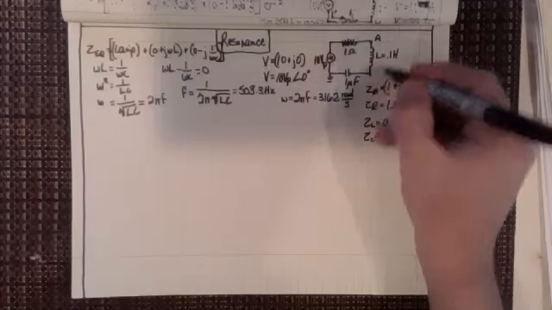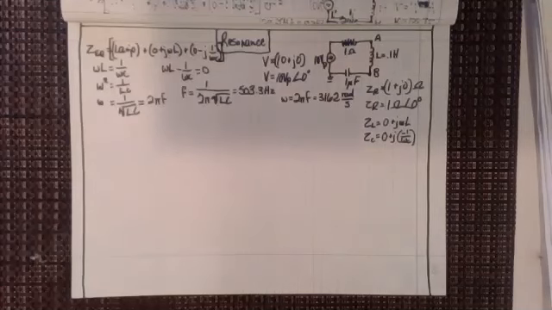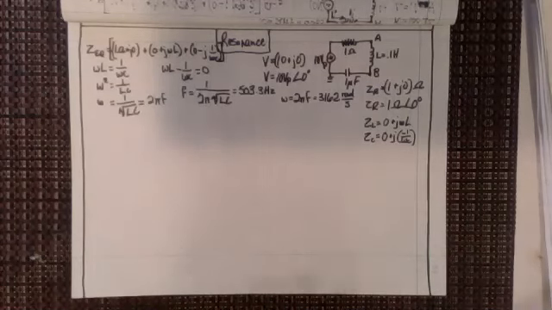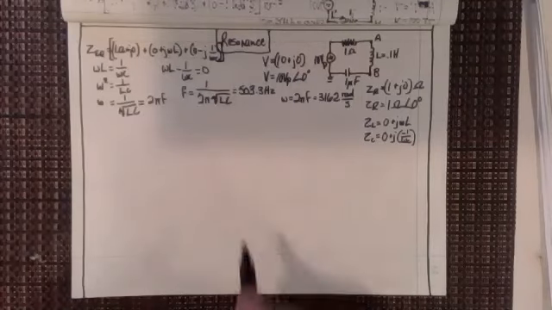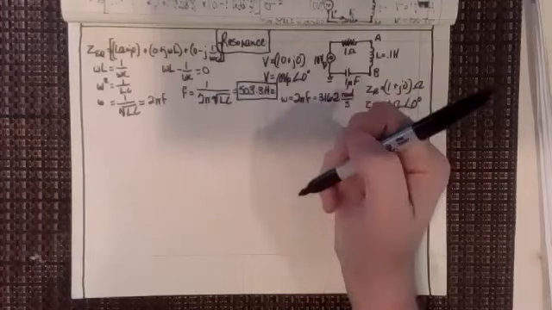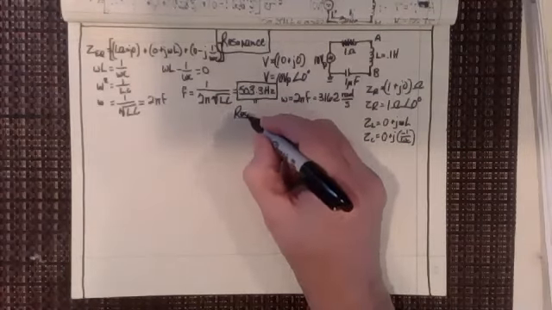Now I've got that point A, and I've got this point B again. Remember what we were thinking about in terms of how this affects the voltage as we go around the circle. So let's say that we are at that magic frequency, that resonant frequency.